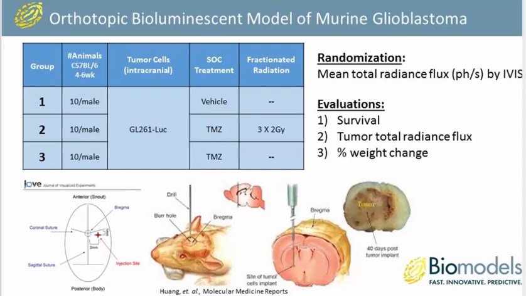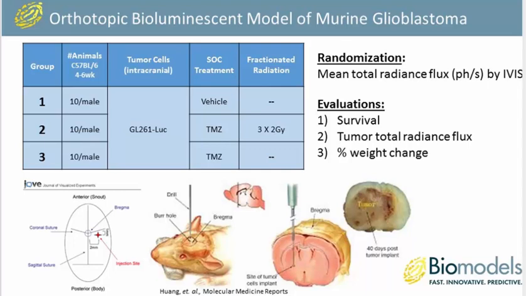This uses GL261 cells that express a luciferase reporter gene, and we apply these cells intracranially into the brain of the mouse.